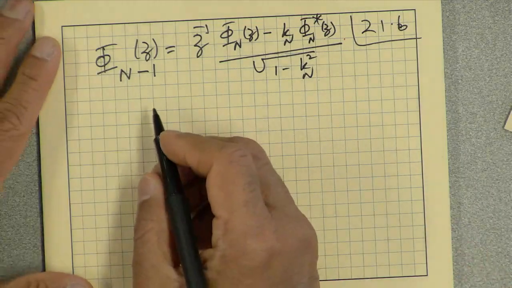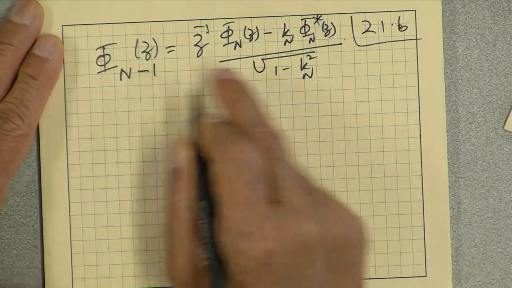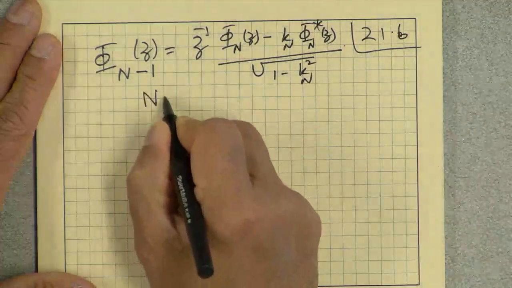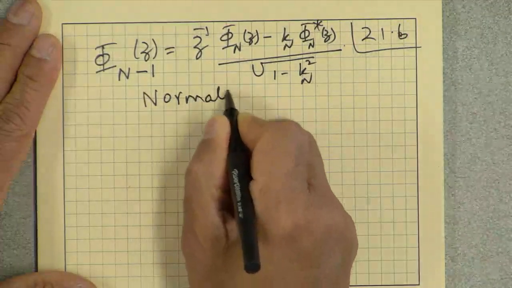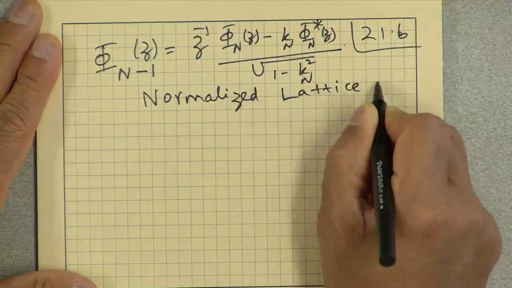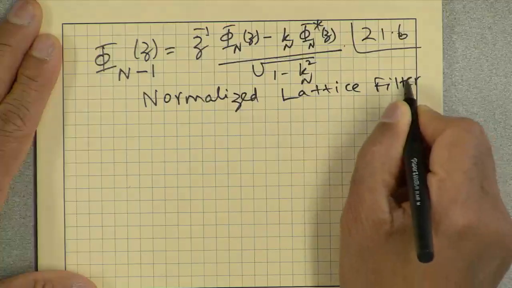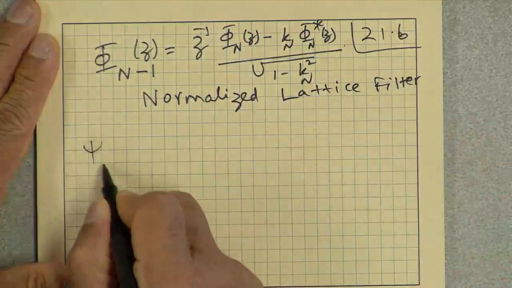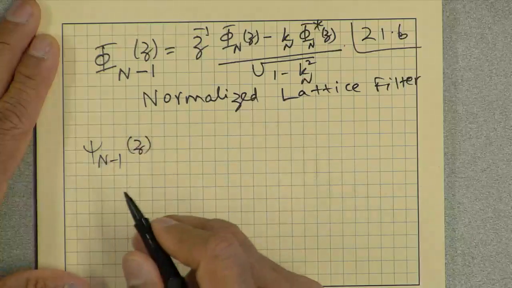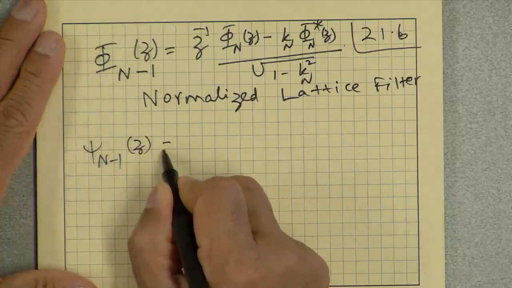Okay, so when we use this degree reduction process and we get a lattice structure, that's really called a normalized lattice filter. The other polynomial, psi n minus 1 of z, the starting point of phi or psi is the same.